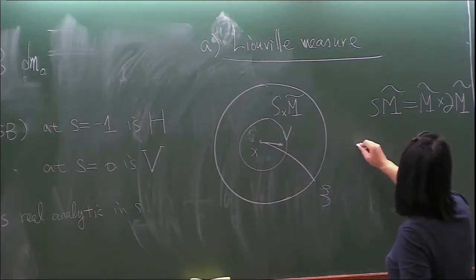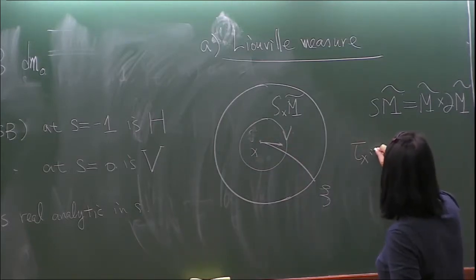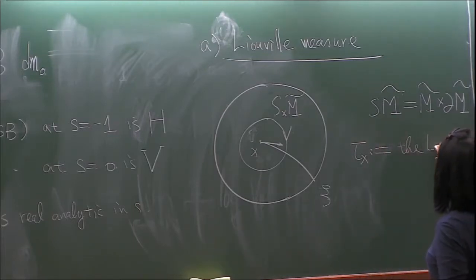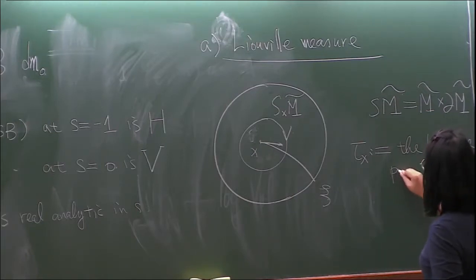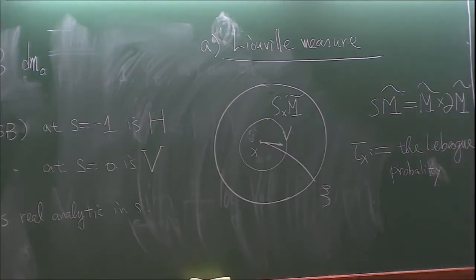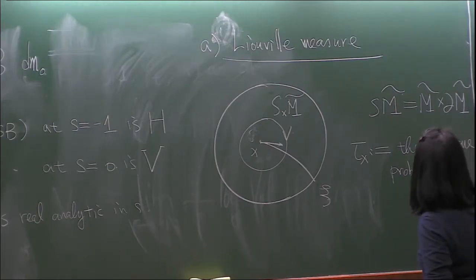Okay, so you have tau x. We will let this tau x denote the Lebesgue measure, a probability measure.